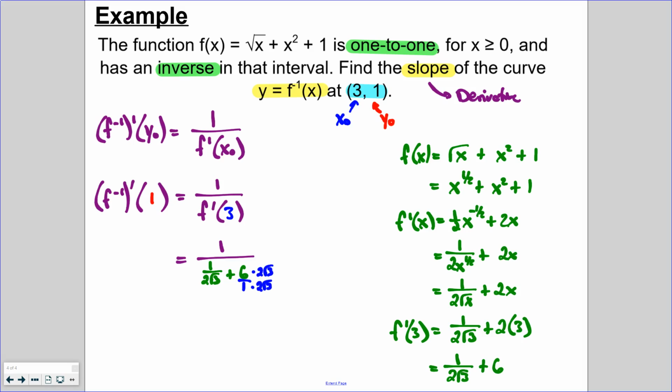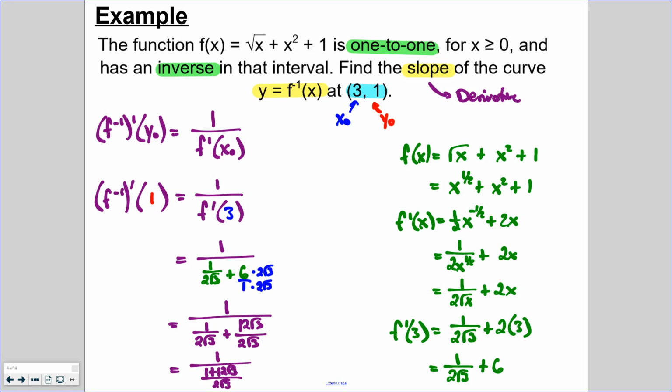So we'll have the same denominator. So let's rewrite this. I'm going to have 1 over 2 radical 3 plus, what's that going to be? 6 times 2 is 12 radical 3 all over 2 radical 3. Well, then I can combine those two fractions together to have 1 over 1 plus 12 radical 3 over 2 radical 3.